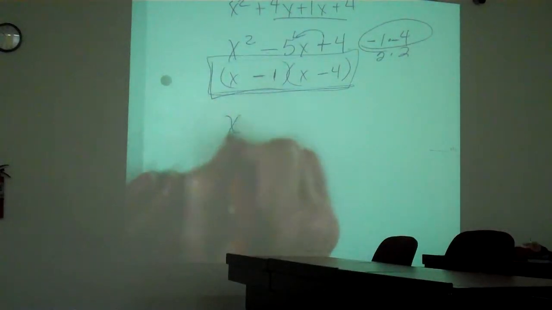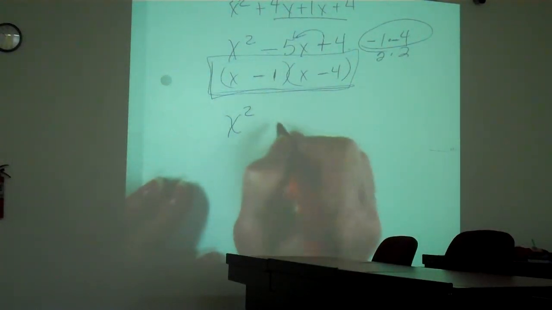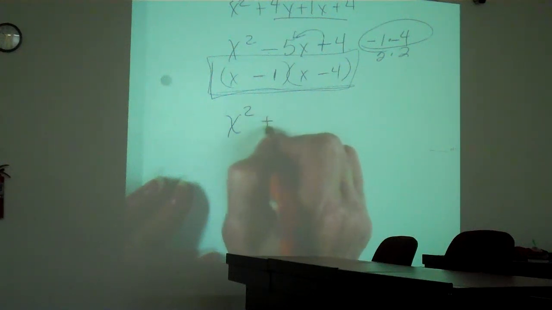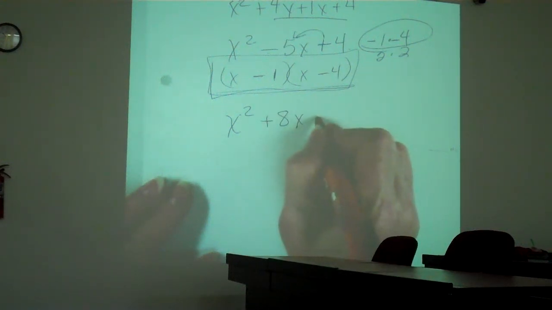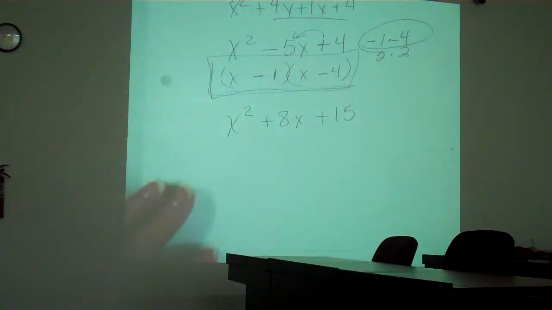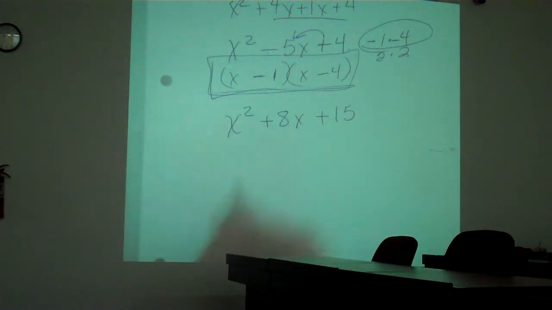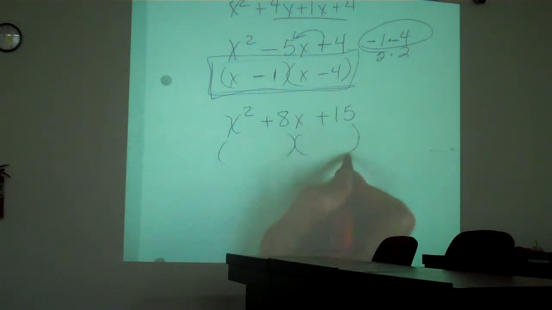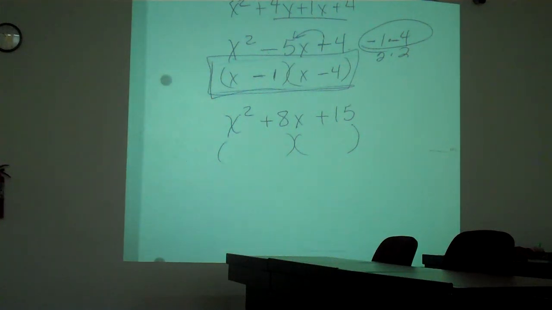Okay, let's do one. Let you guys try it. X squared plus 8x plus 15. Okay, you either know it a little bit and you guessed at it, or you don't know.